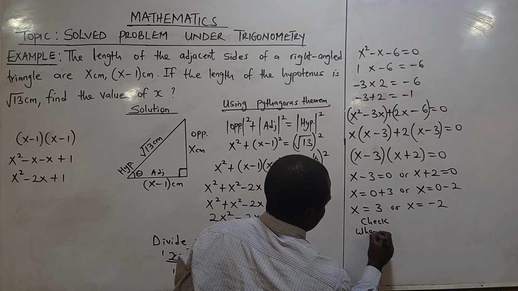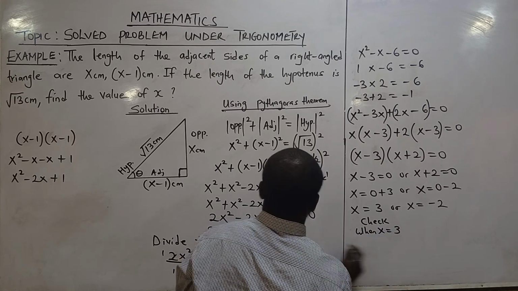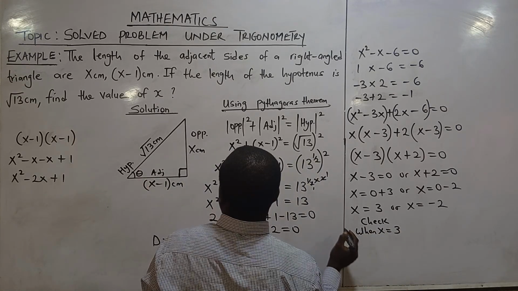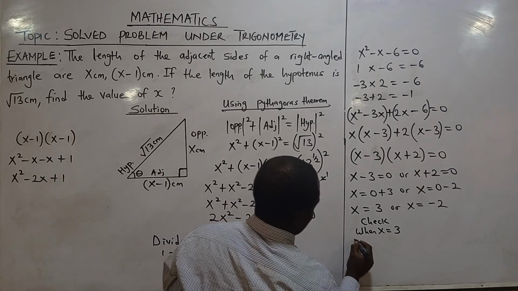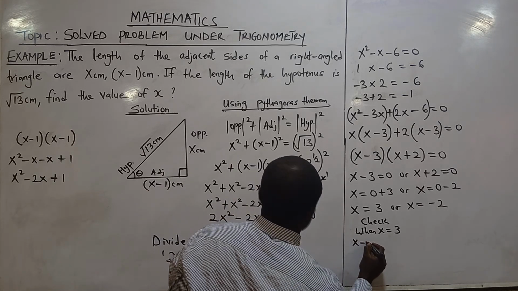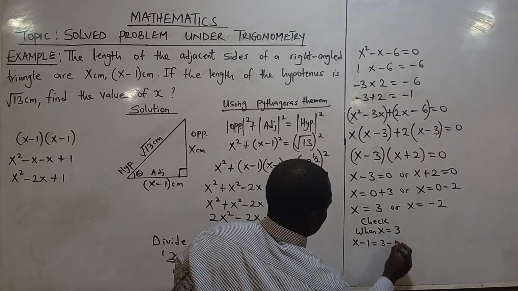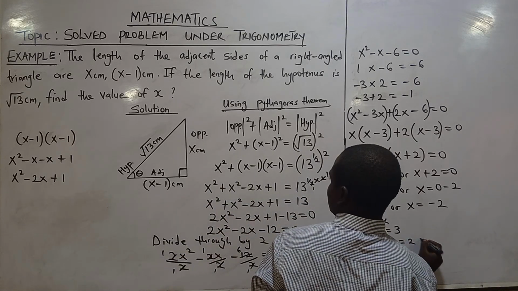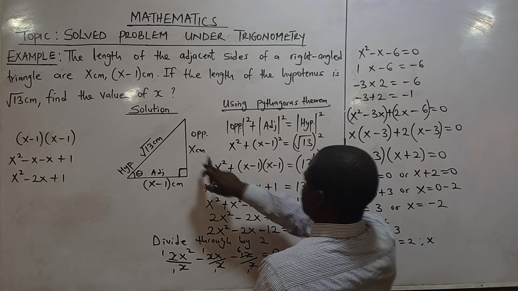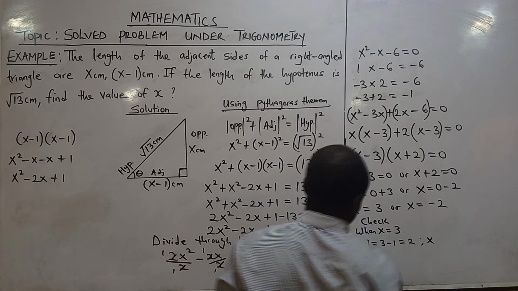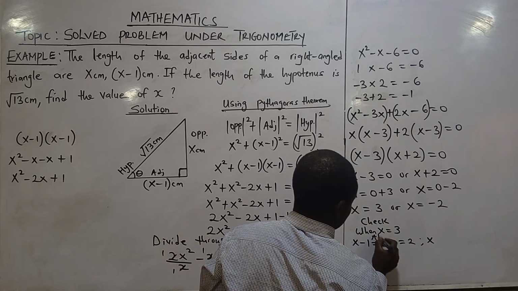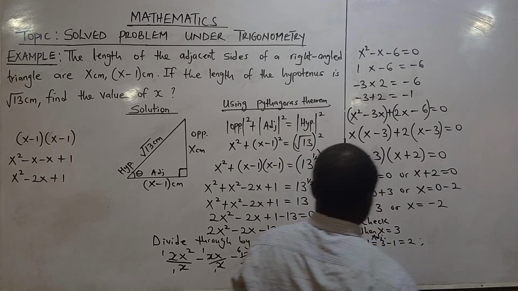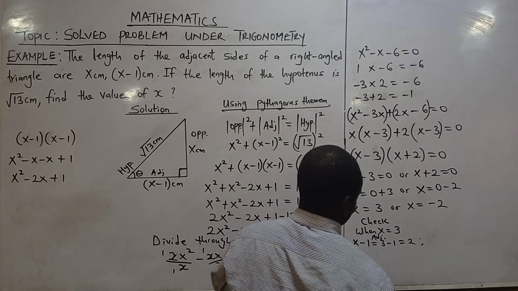When x equals 3, let's bring it back, whether we are going to get the hypotenuse. x minus 1 equals 3 minus 1, which is 2. And also we are having x, when you replace it, this is the adjacent.